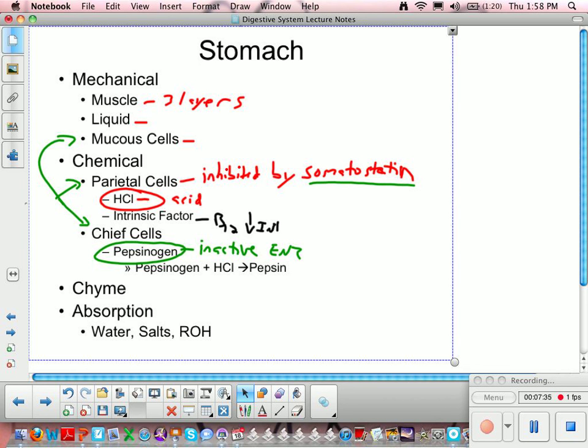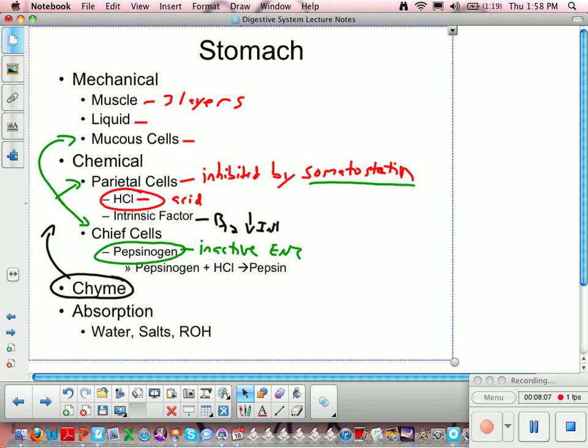And then the pepsin is used to break up proteins. Pepsin is one of the few enzymes that don't end with A's, by the way. What we form here is chyme. So chyme is all that digestive food that we ate, along with the fluid in the stomach and all those hormones. That chyme is that brownish fluid that we'll throw up sometimes if we get sick.